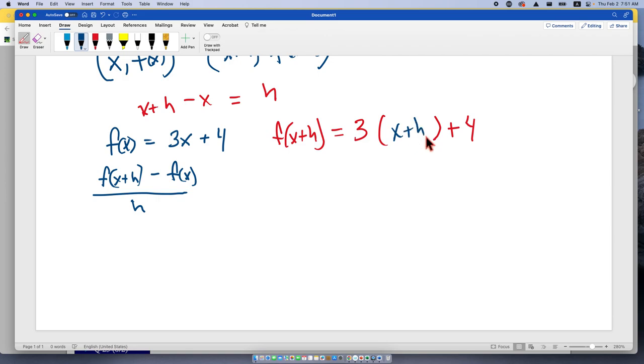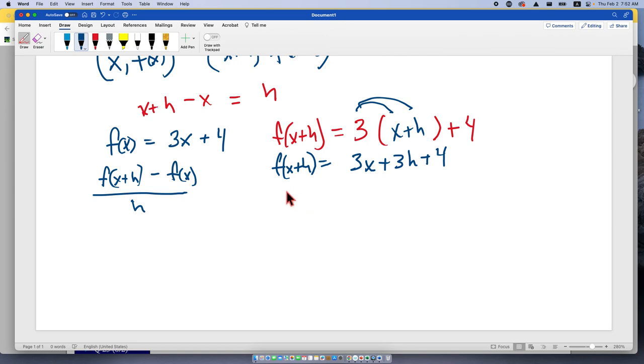That's kind of a composition, right? So what is f of x plus h? We'll go ahead and simplify this a little bit, so we have to distribute the 3. It's really 3x plus 3h plus 4.